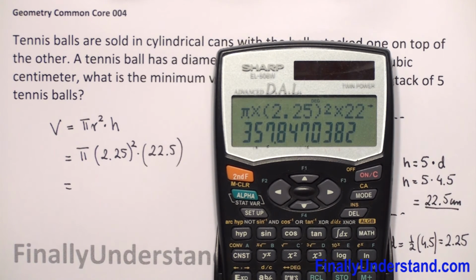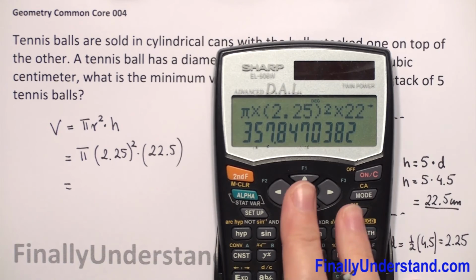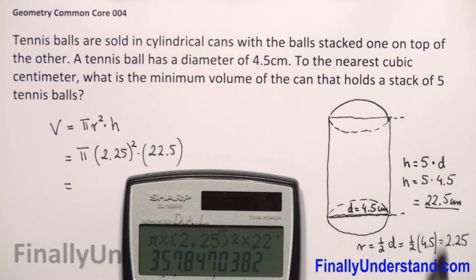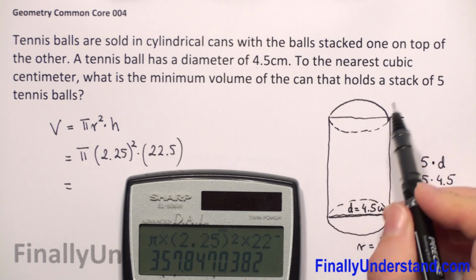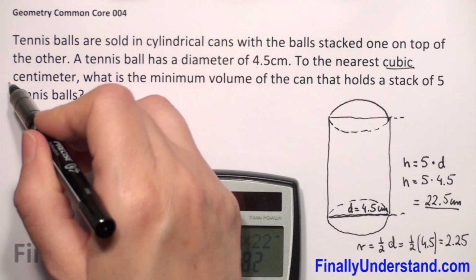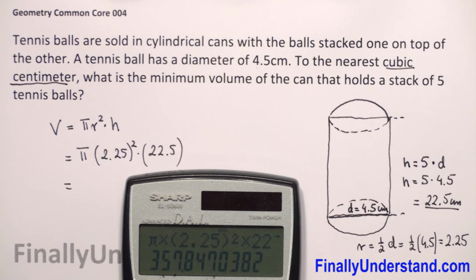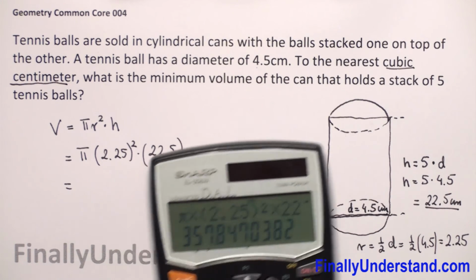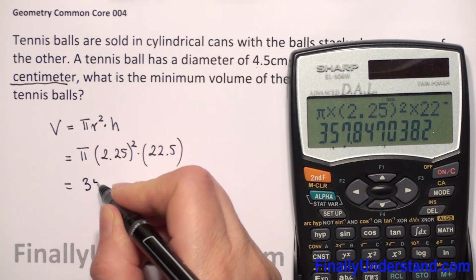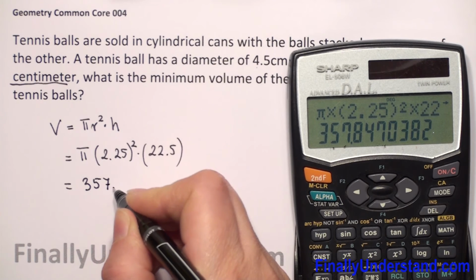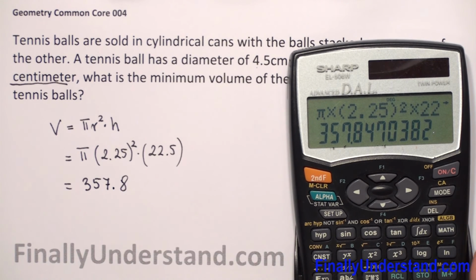This is equal to 357.84, because we have to find the value to the nearest cubic centimeter. So we have to check the digits after the decimal point. So we copy the digits before the decimal point, which are 3, 5, 7, and the one digit after the decimal point is 8.